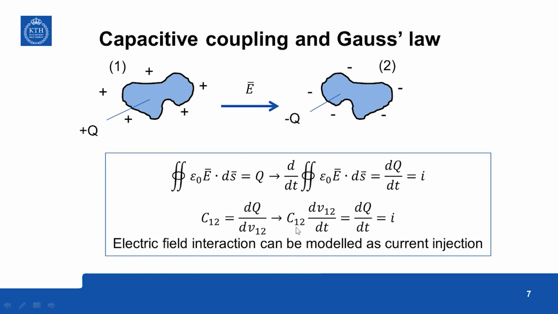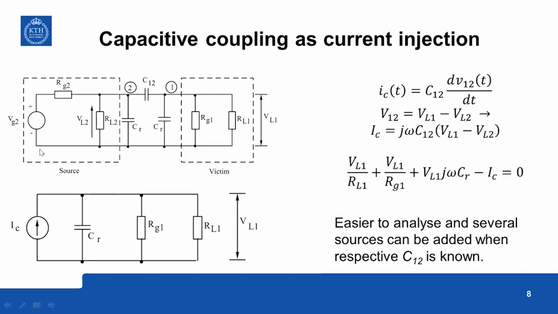Comparing these two, we can see that electric field interaction can be modeled as a current injection. So capacitive coupling can be modeled as a current injection. So we replace the source part of this problem by a current IC, which is given by the coupling capacitance C12 and the rate of change of the voltage across it.